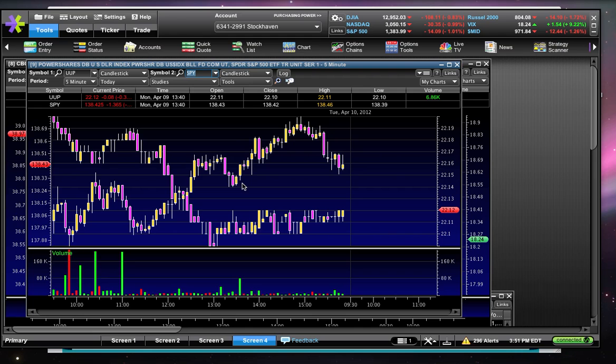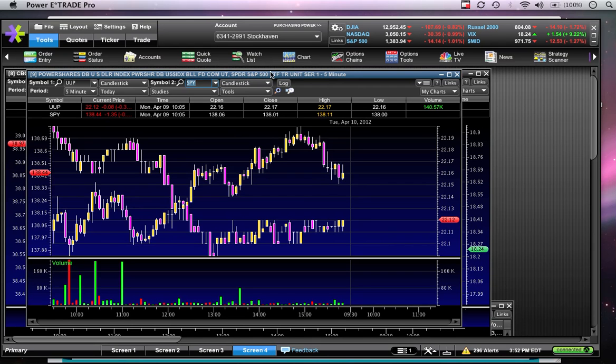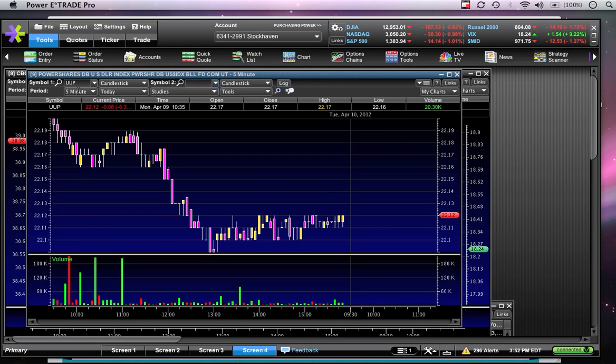That thesis says, right now at current levels, continued strength in the dollar and the VIX, because they're moving together, will not bode well for the S&P 500. Let's talk about what will bode well for the S&P 500.